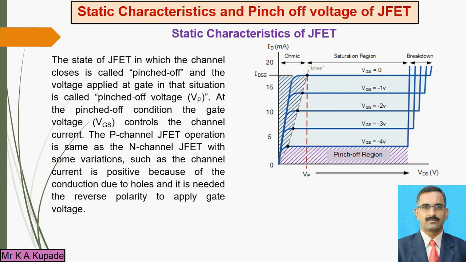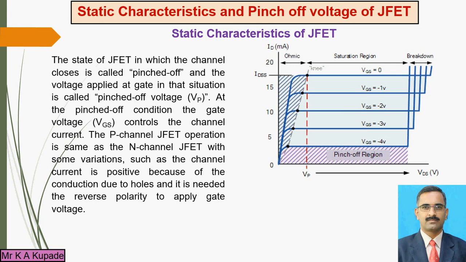And the point at which the channel is closed, at that time the ID current is zero, there is no current flowing. That situation is called the pinch off voltage, VP. It is also called the knee voltage.